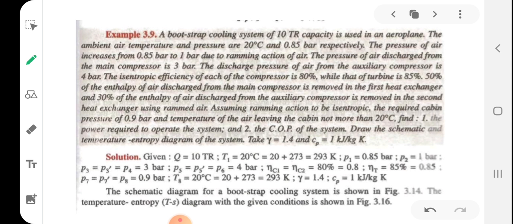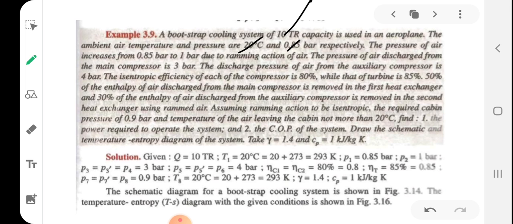So this is the problem: a bootstrap cooling system of 10 TR capacity is used in an aeroplane. The ambient air temperature and pressure are 20 degrees Celsius and 0.85 bar respectively. So the outside temperature and pressure are given. Capacity of the refrigeration is given.